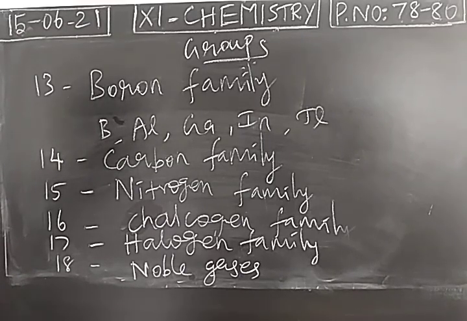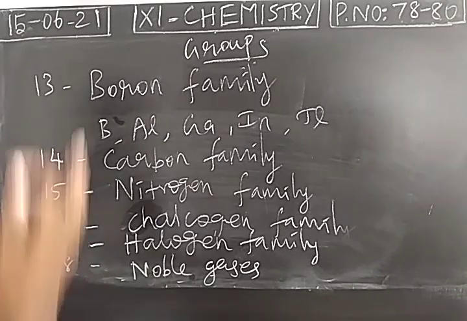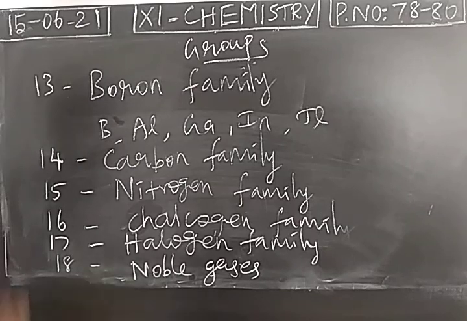And helium, neon, argon, krypton, xenon, radon. These are all the members. So when we move from 13th group onwards, we have a name for each group. 13 boron family, 14 carbon family, 15 nitrogen family, 16 except polonium, remaining elements are collectively known as chalcogen family, 17 halogen family, group number 18 noble gases or inert gases or rare gases.